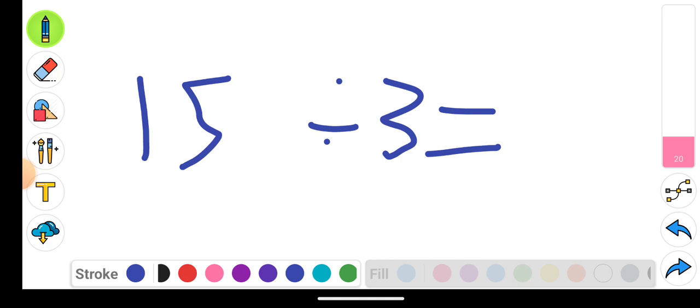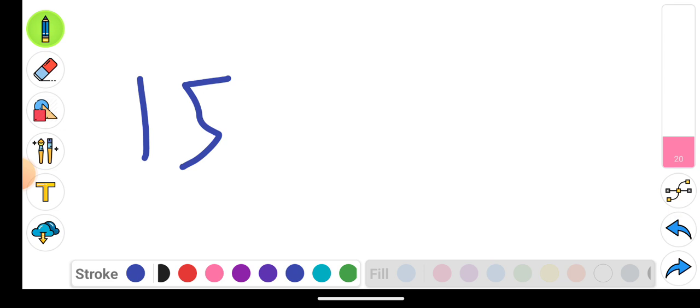So if you do 3 times 5, you'll get the answer. But division doesn't always have a clear answer.